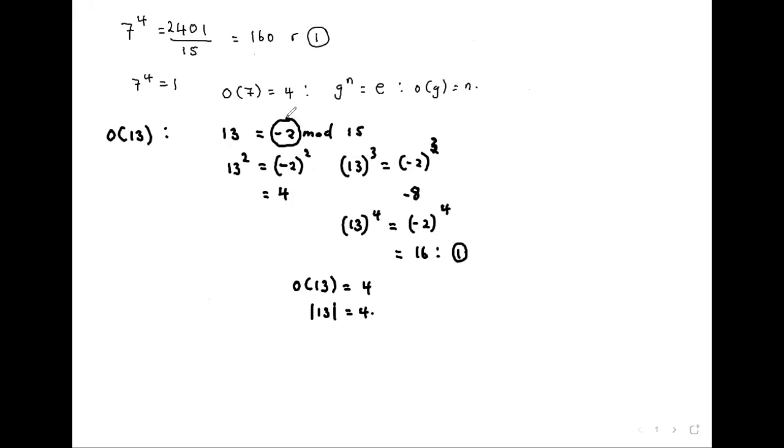Then we knew that for 13 to the power 4, if we had to get the actual value, 13 squared is 169, and then 169 by 169 is a big number. But when you do the division, the remainder will be 1. So I can easily use the modulo -2.